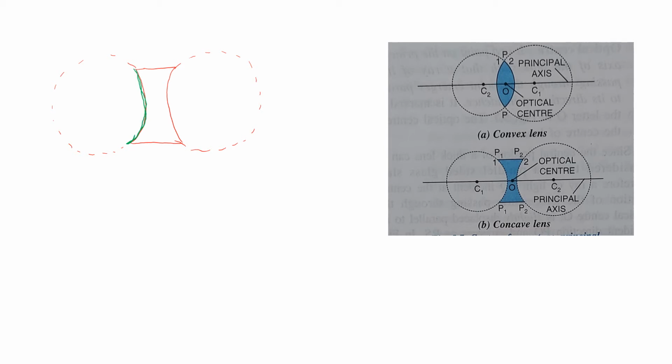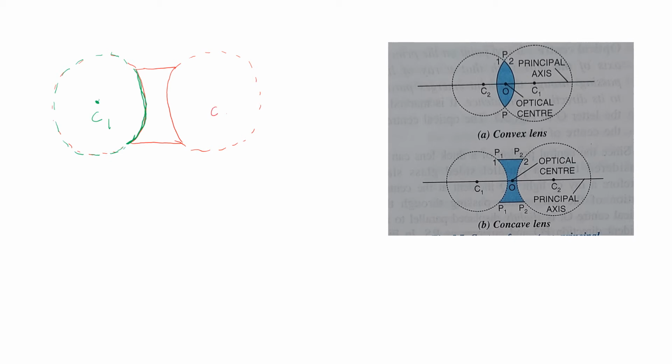This part of the concave lens is taken from this green sphere, whose center is C1, suppose, and the red part of the lens is a part of the red sphere whose center of curvature is C2.